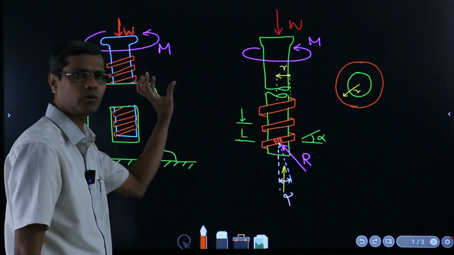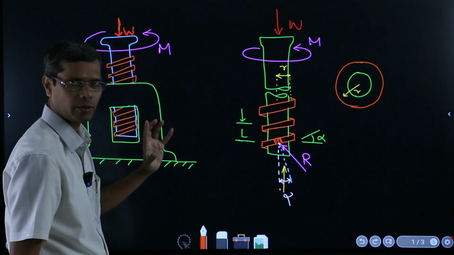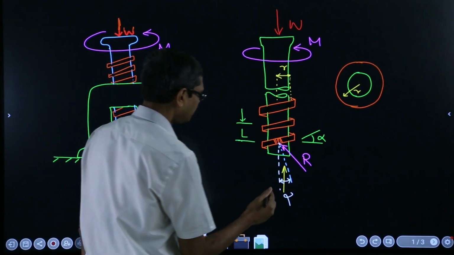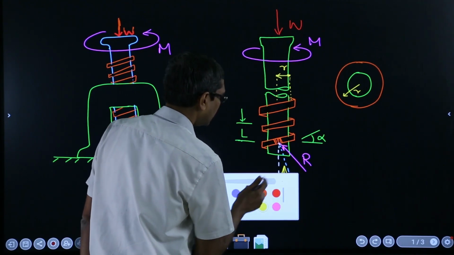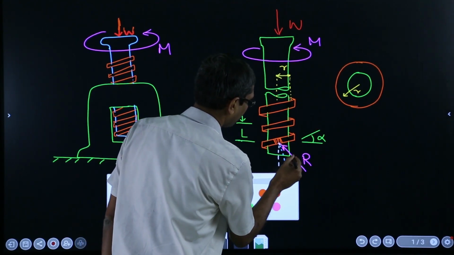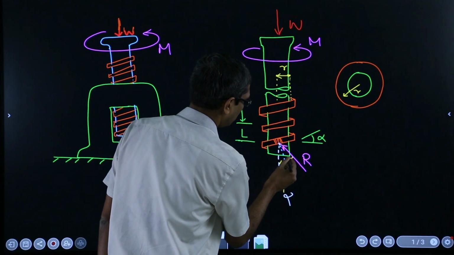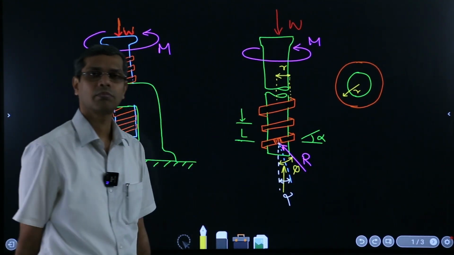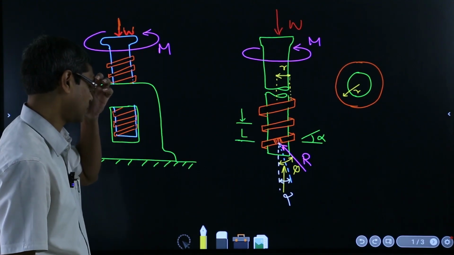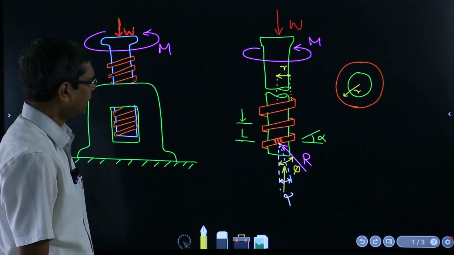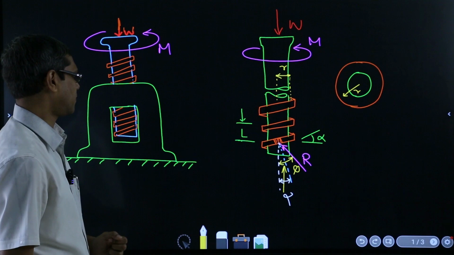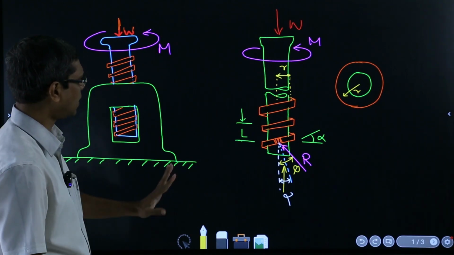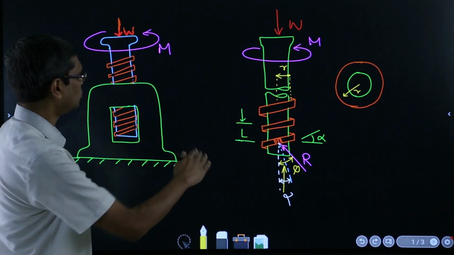So it is just about to move this weight W. Under that condition, what will happen? This angle will be your phi, isn't it? The angle of repose, right?